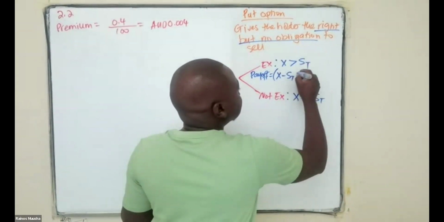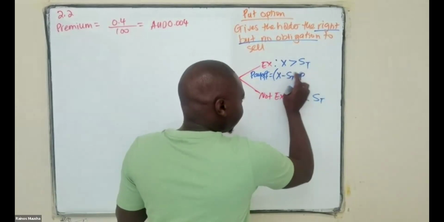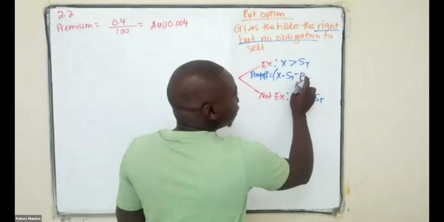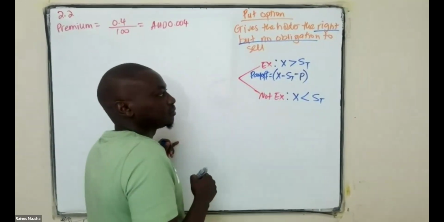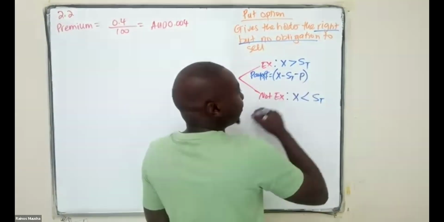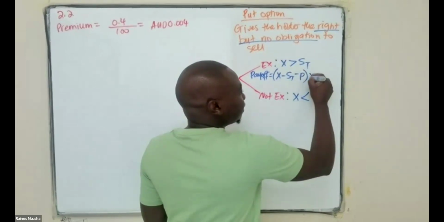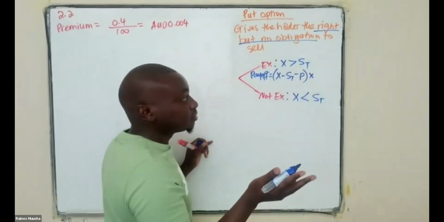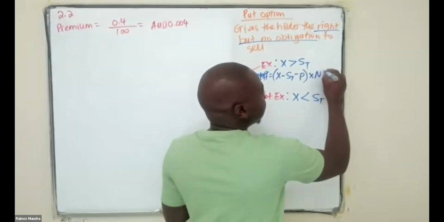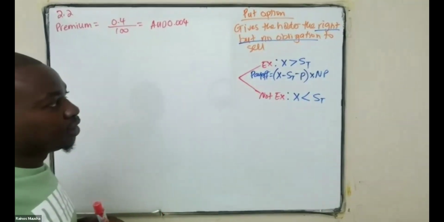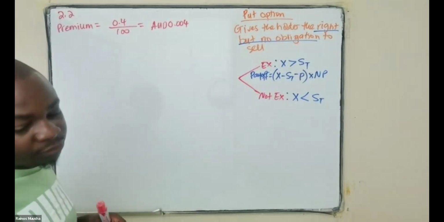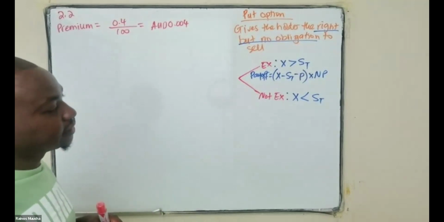So your payoff here is going to be reduced by the premium that you're going to pay. Over and above this, remember if this is your payoff per unit, you're going to multiply that by the notional principal to see your total net payoff. Are we on the same page when it comes to the put option? Any questions?